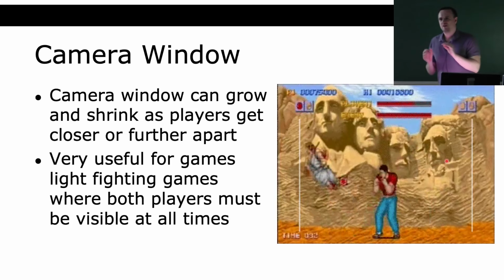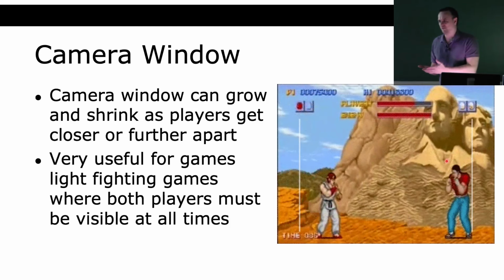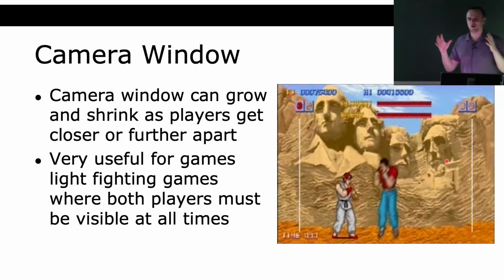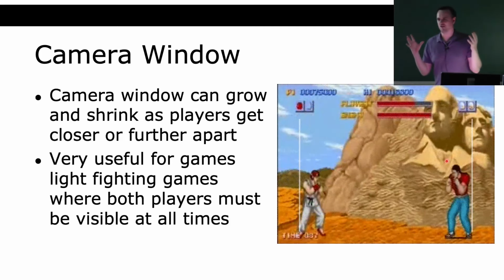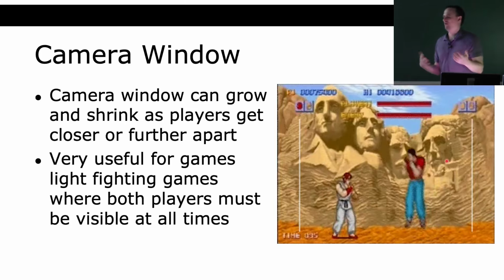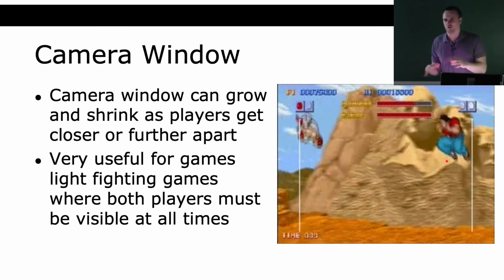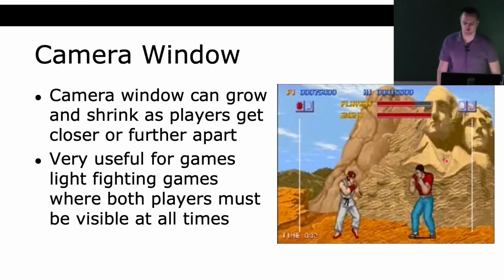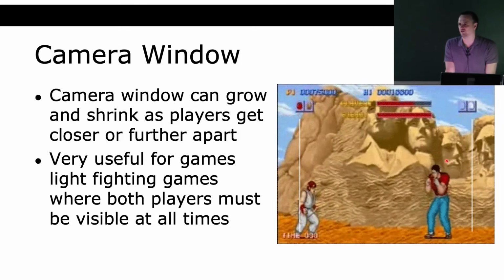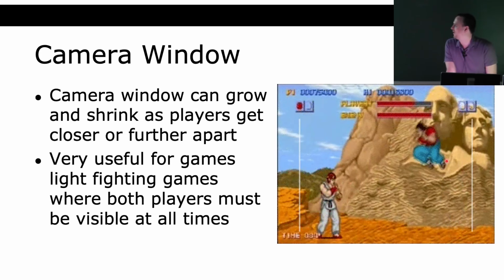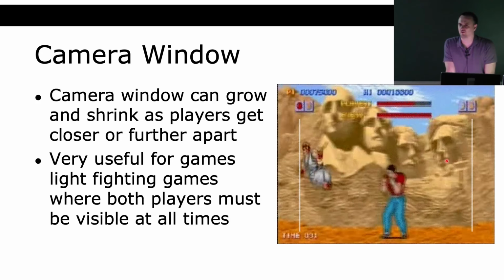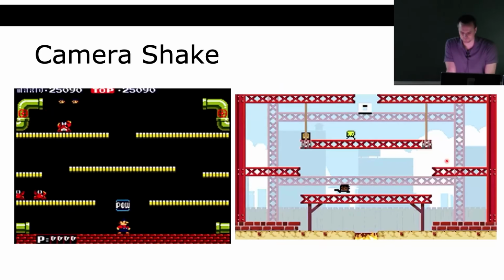So the camera affects gameplay mechanics, and the gameplay mechanics affect the camera as well, because you want them to be able to back up to maintain some distance strategically, but you don't want them to get so far apart that you can just run around and avoid the person altogether. So this is a really interesting case where you have both the gameplay mechanics and the camera in such tight lockstep together that if you changed the camera of the game, you would actually be changing the balance of the game itself, in my opinion.